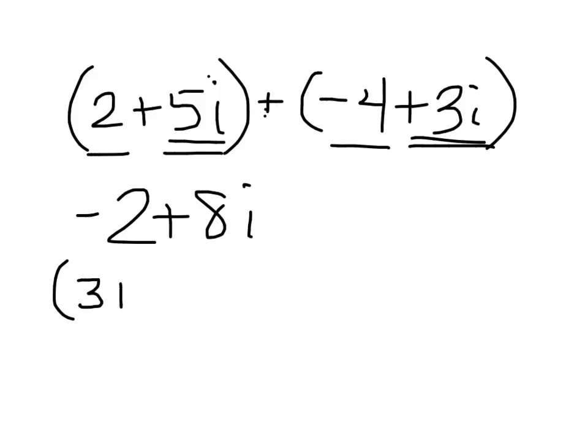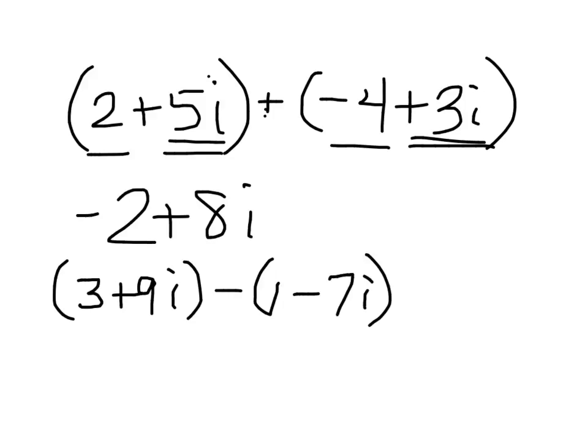Number 9 has 3 plus 9i minus 1 minus 7i. Is this the same type of problem? Yeah. What's the difference? I'm subtracting instead of adding. So what is 3 minus 1? 2.